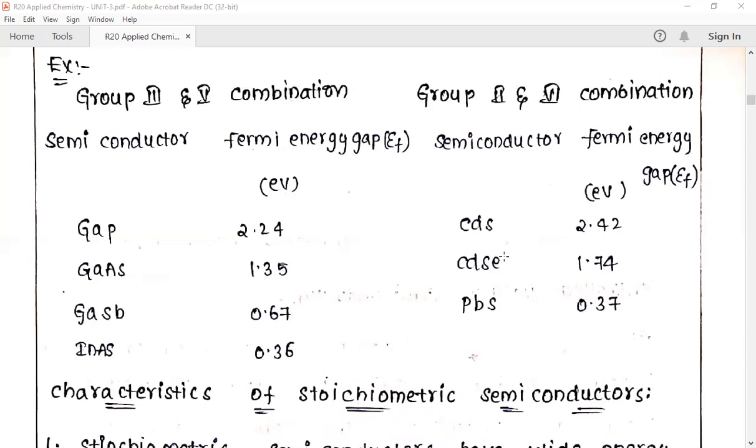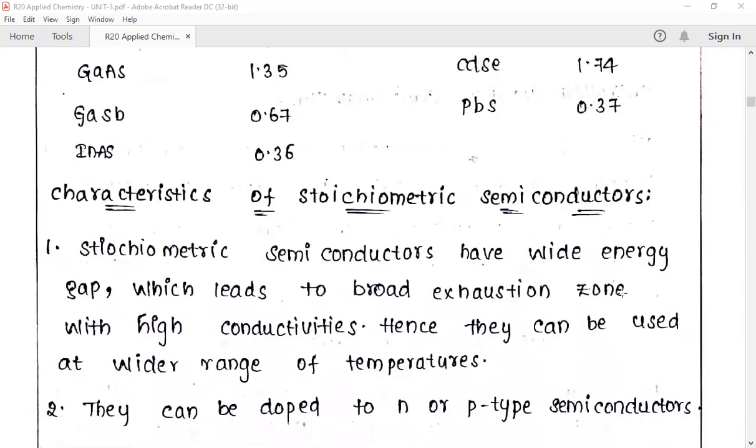Cadmium and selenium form a semiconductor with an energy gap of about 1.74 electron volts. And lead and sulfur, PbS, lead sulfide, is also a semiconductor, formed with an energy gap of about 0.37 electron volts. So this is about the stoichiometric semiconductors.